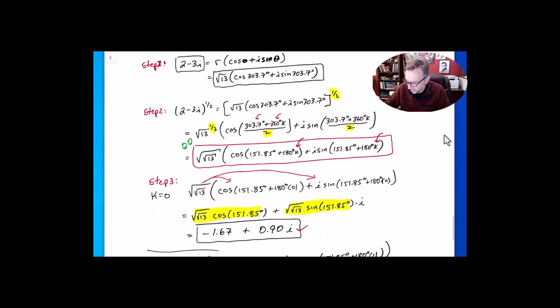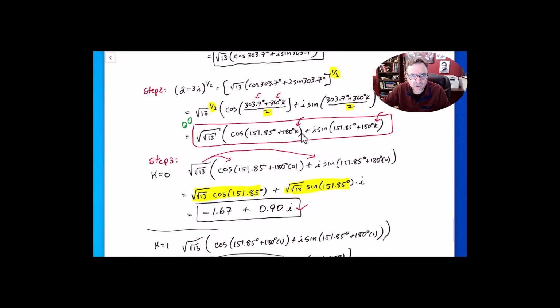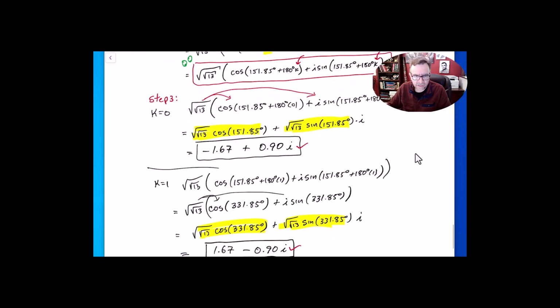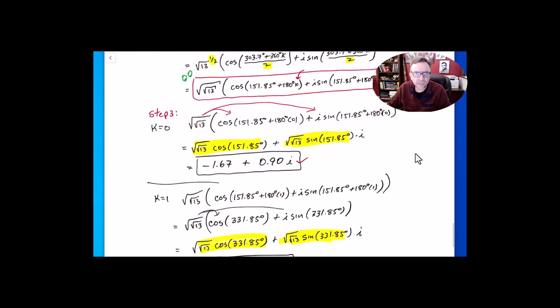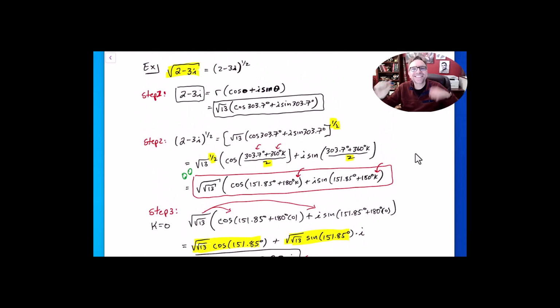Once you get that formula in terms of k, you plug in. So you start k with 0. When k is 0, you just get the 151. And we did all the math. And then we plugged in k is 1 right here, so we got 331, right? And then we did the math down there to get the other one. It's complicated, but you can do it. That is our last topic.